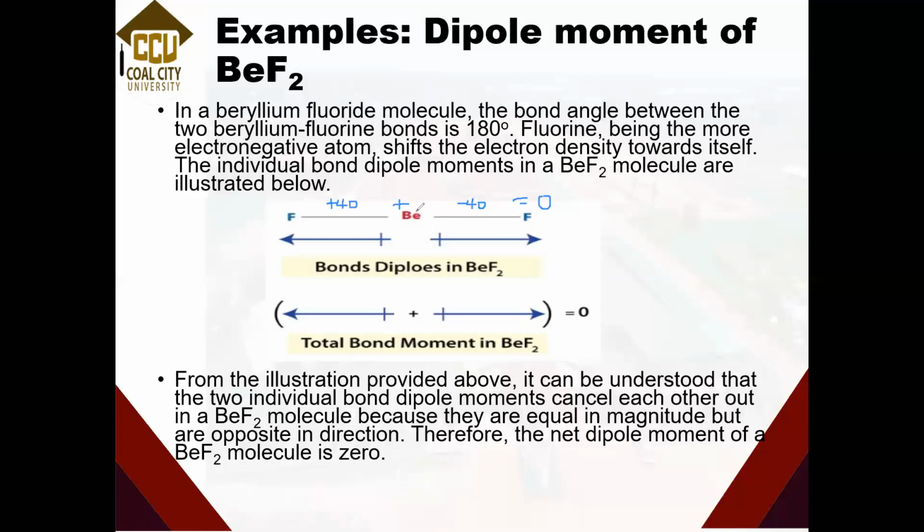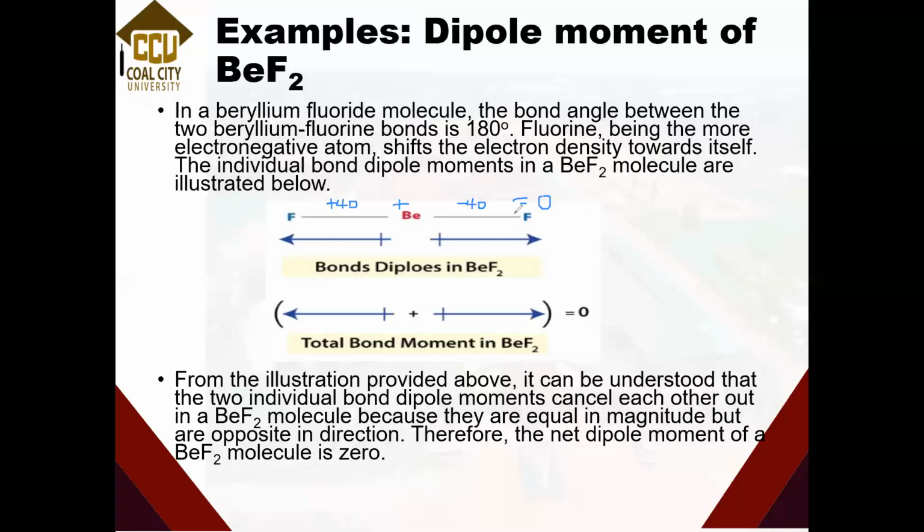But despite the fact it has a bond dipole moment, that does not guarantee that it will have a molecular dipole moment, because we can see in beryllium difluoride now that even though it contains a bond dipole moment, beryllium difluoride lacks a molecular dipole moment. Because by the time you do the vector sum of the bond dipole moments, it will be equal to what? 0.